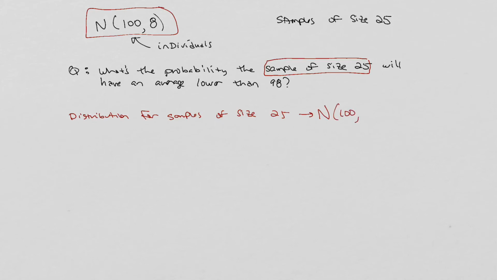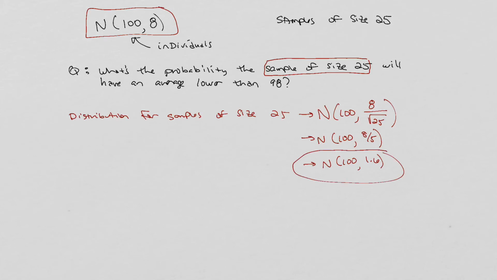Going to have the exact same average, but to get the standard deviation for all these samples, we'll take the old standard deviation and divide it by the square root of the sample size. So it'll be normal, average of 100, and then the square root of 25 is 5, which gives me 1.6 as the standard deviation. Okay? So now we can answer the question about the sample since we now know what the distribution for all those samples looks like.